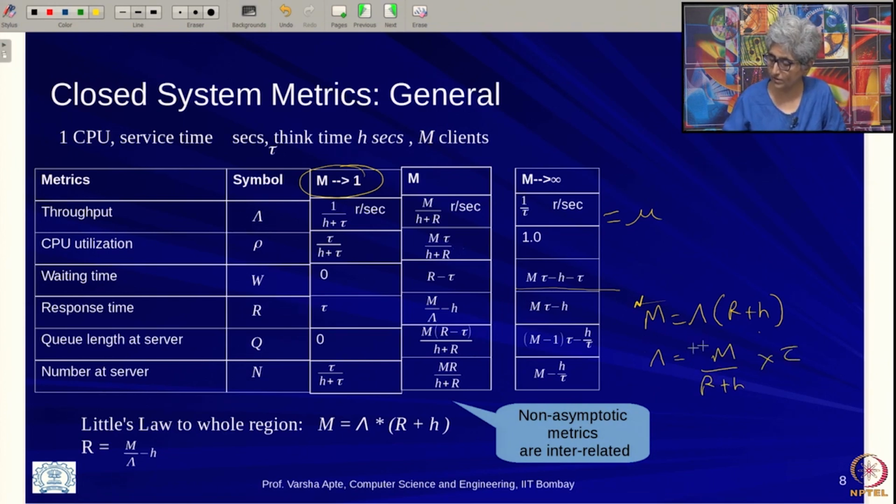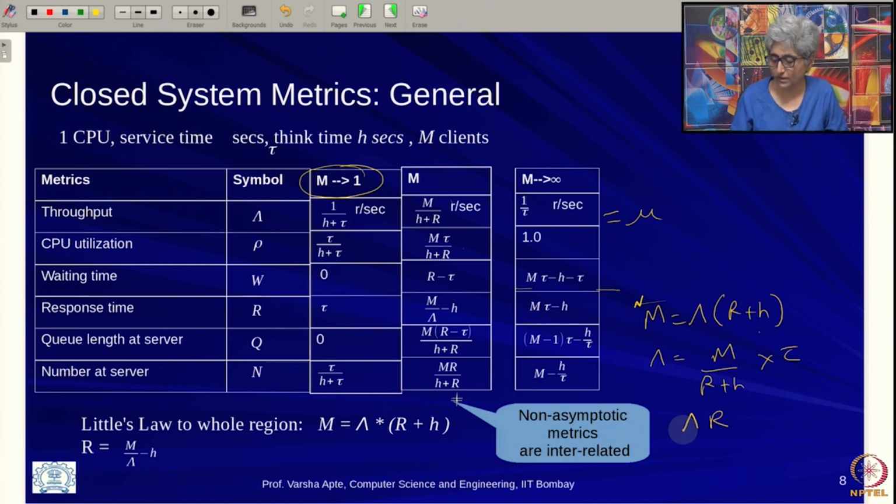Throughput is actually just m divided by r plus h, which is just a rearranged expression of Little's law. Then we have q length, number at the server, is going to be basically lambda r. So, we take the throughput, which is m over h plus r, and just write r, otherwise we will just get lambda back. And q length at the server is the same thing, we take the throughput and multiply it by the waiting time.